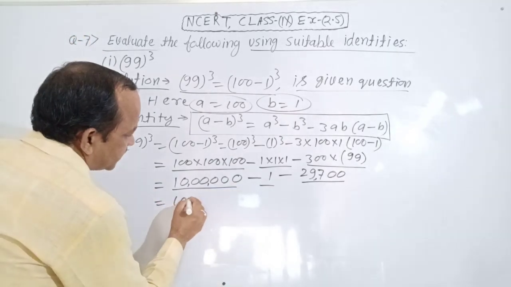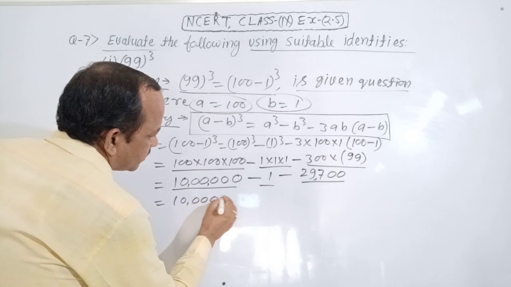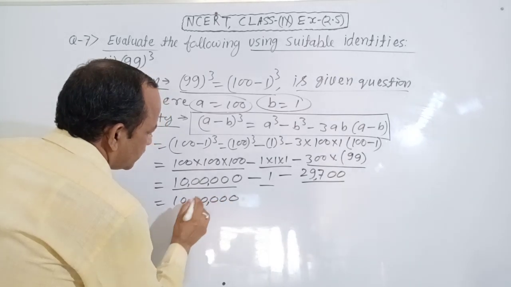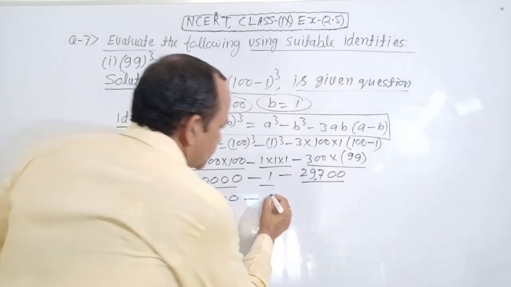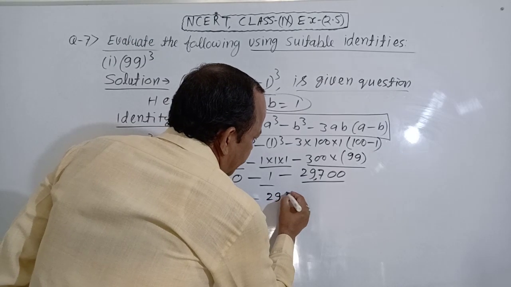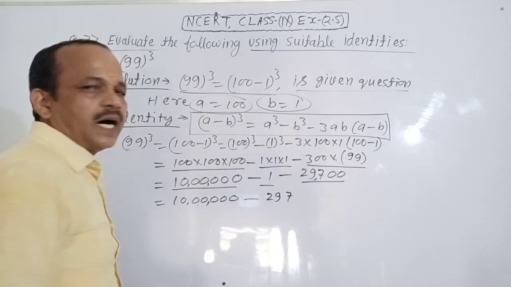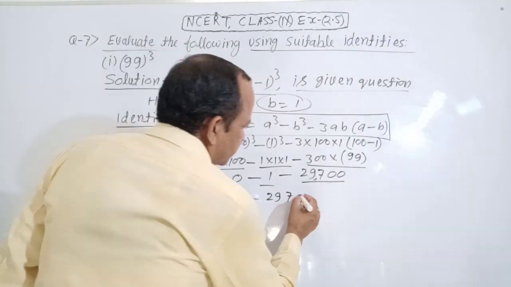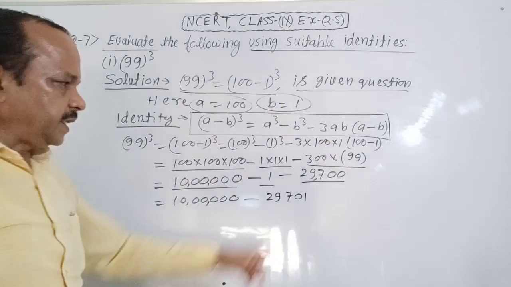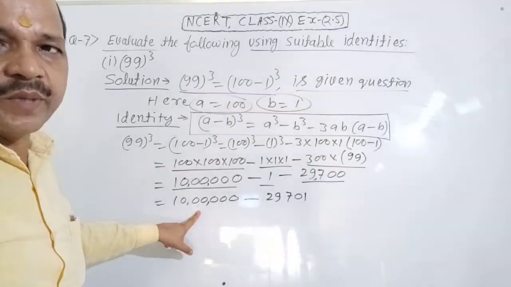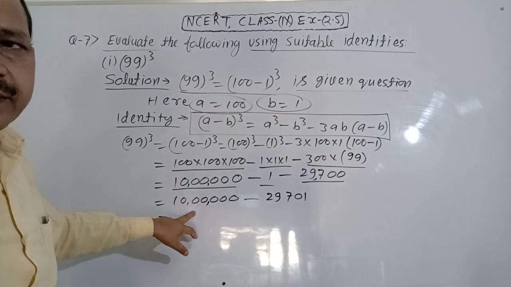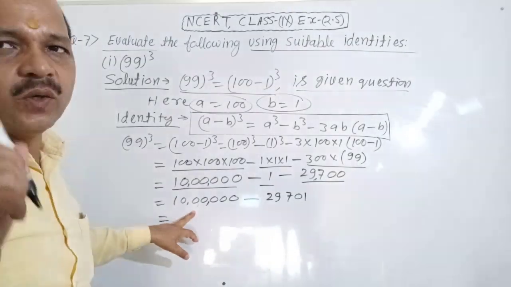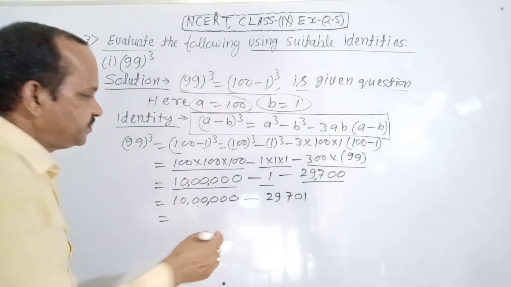It becomes 10 lakh minus 29,701. It is clear? No confusion about it? You can subtract it and you can find your answer. Clear?